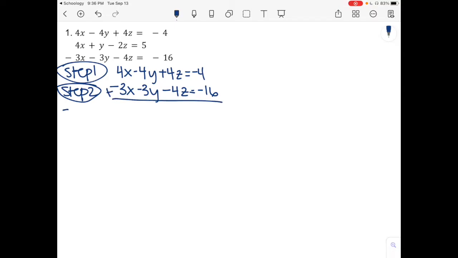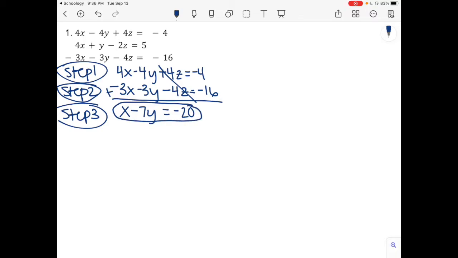So I'm going to add down, and 4x minus 3x is just 1x, so I'm going to write x. Negative 4y minus 3y is negative 7y. 4z minus 4z is gone, that was eliminated, and then negative 4 minus 16 is negative 20. So I've got my equation that I need.